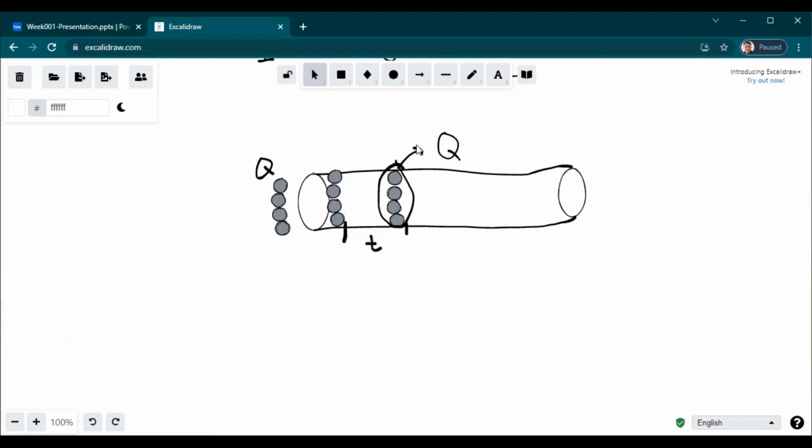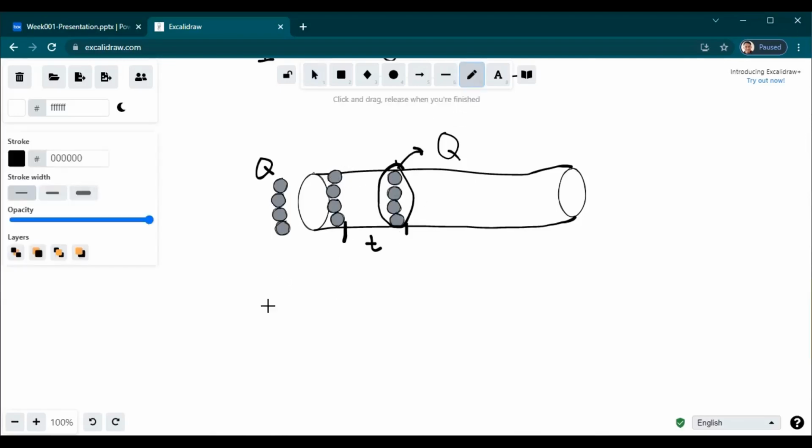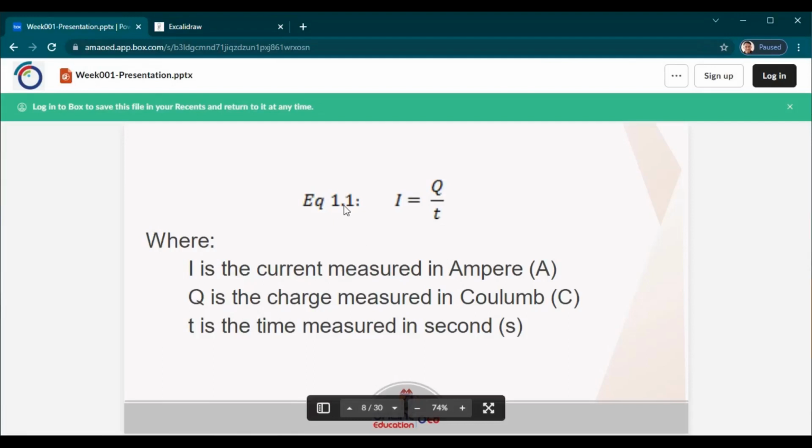Then this is the amount of charge that will pass through. So this rate is what we call the current, and this current is equal to charge over time, or I = Q over T. So I is the current measured in amperes, Q is the charge measured in coulombs, and T is the time measured in seconds.